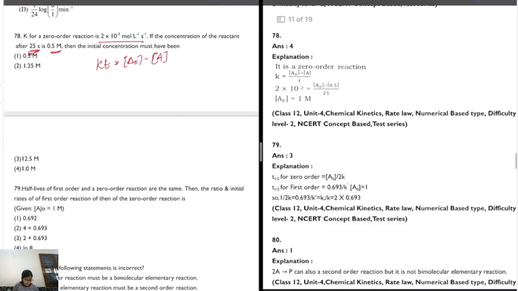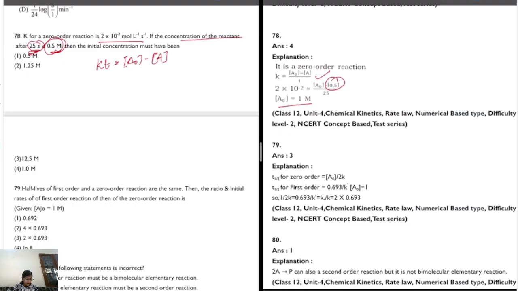Therefore, we'll just substitute the values. We already have all the values here. Concentration after 25 seconds. Therefore, 25 is the time. And 0.5 is the final concentration because it is given that the concentration after this time is 0.5. So our final concentration would be 0.5. And therefore, just substituting, rearranging and calculating, we'll get the answer to be 1 molar.